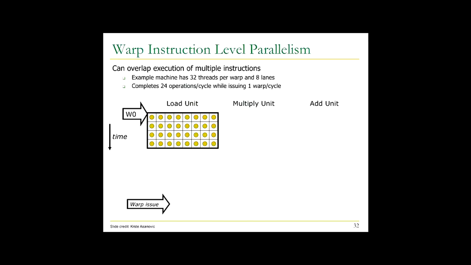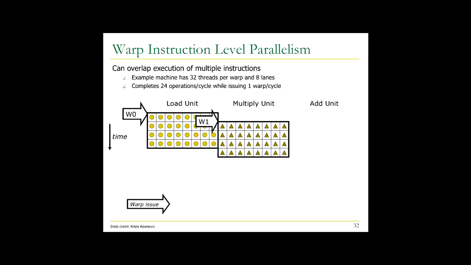So basically, this is the first warp, warp 0. It's executing this load unit. So you basically send it in the first cycle, 8 of these threads. In the next cycle, the next 8 threads. In the next cycle, the next 8 threads, ... So you have 8 lanes in your machine. In the next cycle, you fetch from a different warp, because we're doing fine-grained multi-threading.